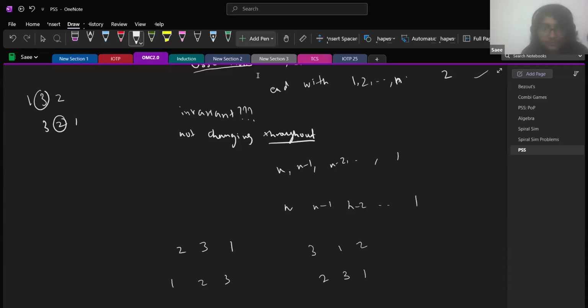Hmm. Okay, so basically you're composing n rotations onto a permutation all around the center. Interesting way to think about it.